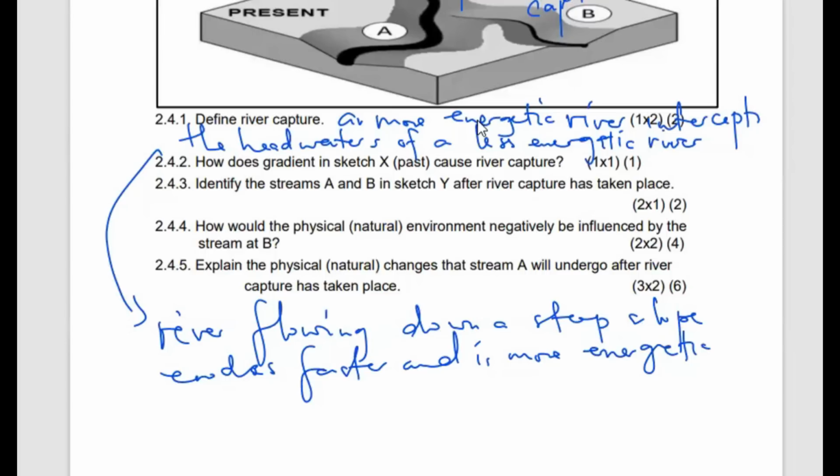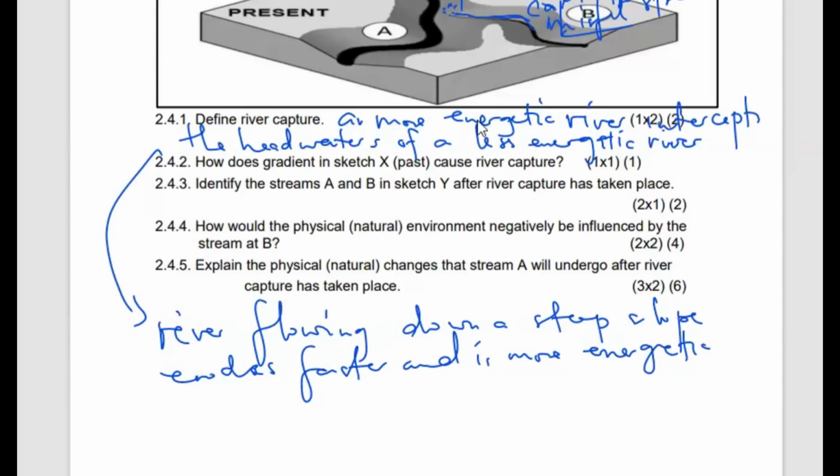So our A is the captor stream and our B is the misfit stream. It is the captured one, which now becomes the misfit stream. Misfit in the sense that it has been misfitted from its original supply of water. It was initially getting its supply of water from upstream here, but now it has been misfitted. So it becomes a misfit stream. It's the one which is captured and it becomes a misfit stream.